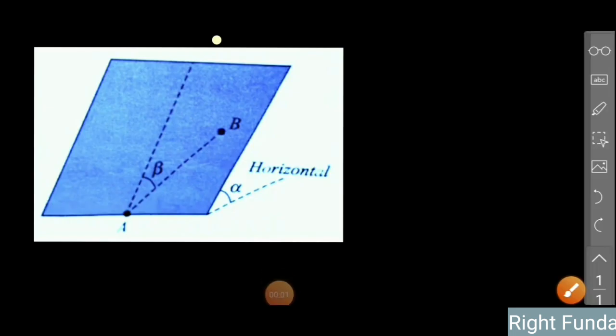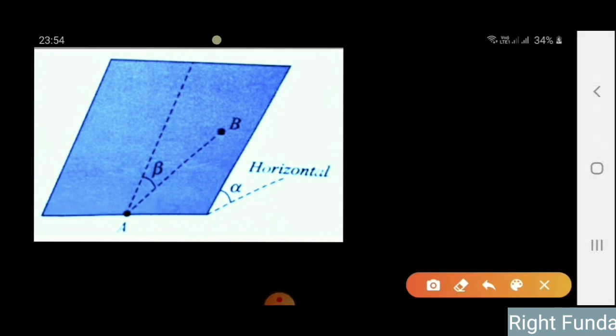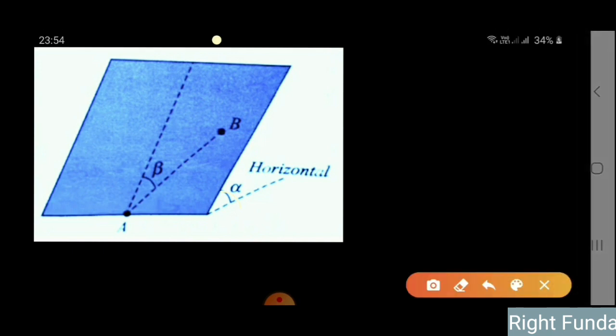Let's understand the problem. Here, this is an inclined plane, and this plane is placed on a horizontal surface with an angle alpha. This angle is given to us as alpha.